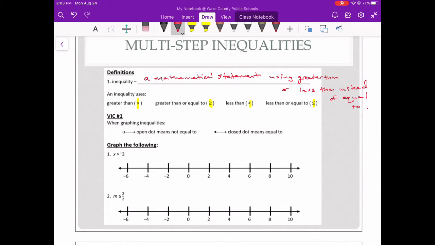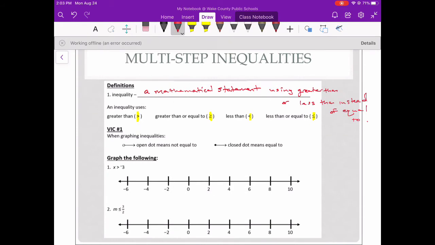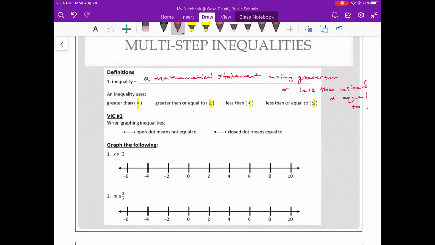So what we're going to do, and I'll use my red here, this is x is greater than. So it's not greater than or equal to. So it's not equal to. So I'm going to put a circle around -3, which would be right about here. That's where -3 would be. I'll put a circle around that, and it's open, not closed, because -3 is not part of my solution set.